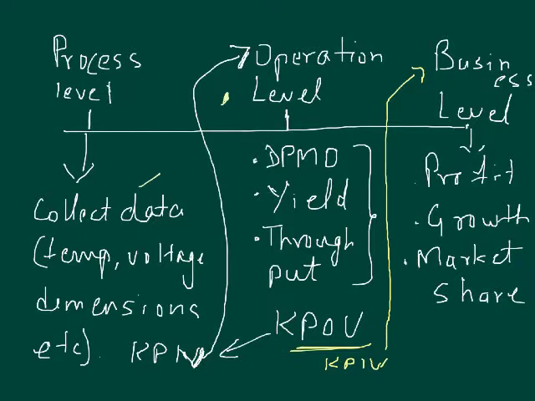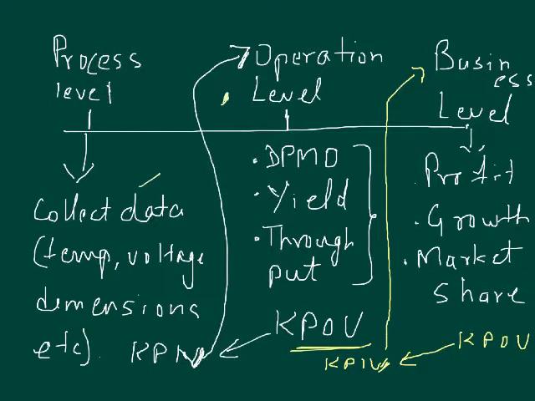These become key process output variables from these KPIVs from the operation level. So this is how the link is supposed to work.